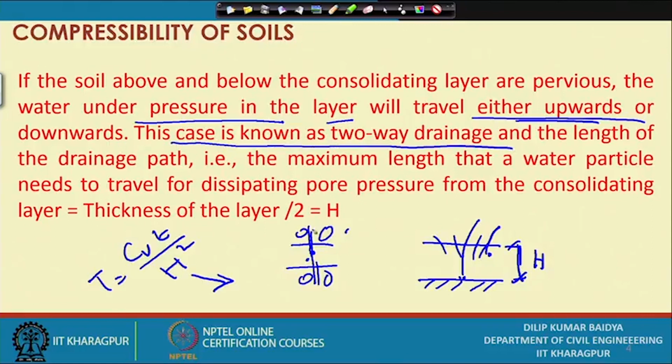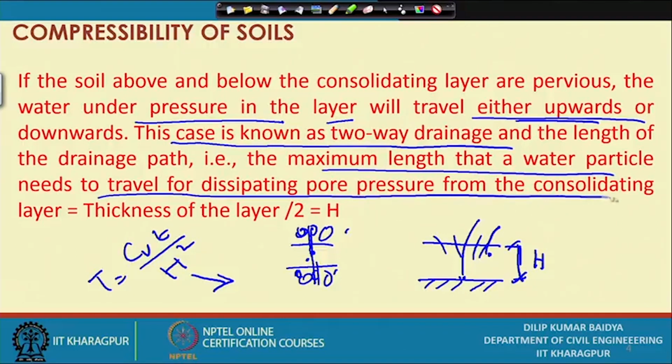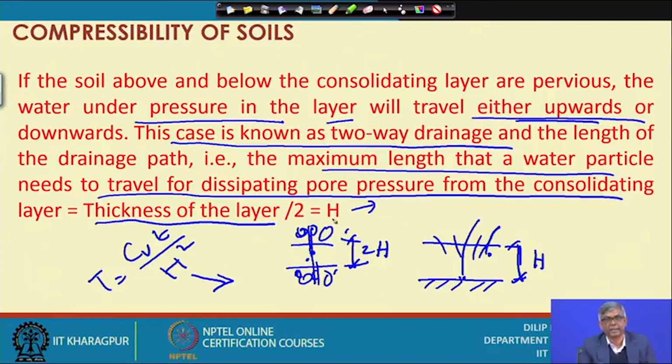So, when there is a pervious layer at both top and bottom, that is called two-way drainage, and in two-way drainage the maximum length that a water particle needs to travel for dissipating pore water pressure from the consolidating layer is equal to the thickness of the layer divided by 2. In our analysis we have considered the thickness of the layer as 2h. So, your drainage path will be h.